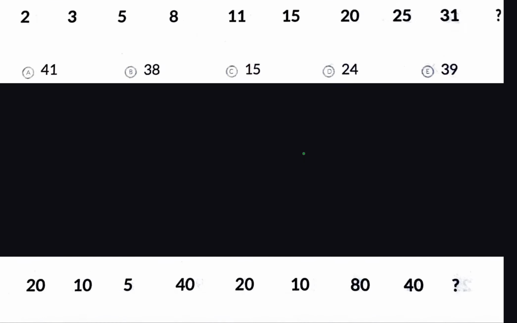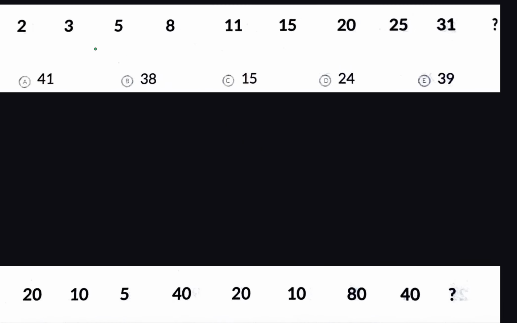Next one, I see some small numbers at the front, and then they typically are increasing through the series. So let's see what we have here. If I add 1, add 2, and then 3, and then 3, and then 4, then 5, then 5, and then 6.